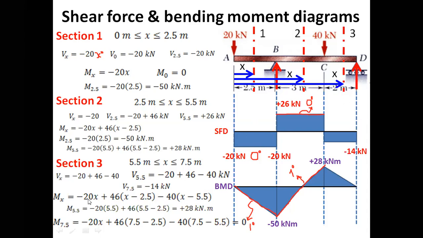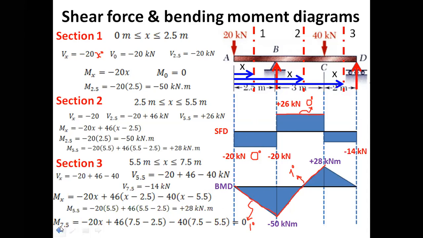Now, if you look at the equation again, the order is 1. So it would be a linear line. The plot would be a linear line. M 5.5, if we put 5.5 for x, and after calculation we would get plus 29 kilonewton meter. So at this point for section 3, the bending moment is plus 29.